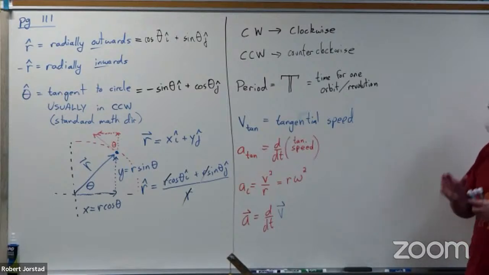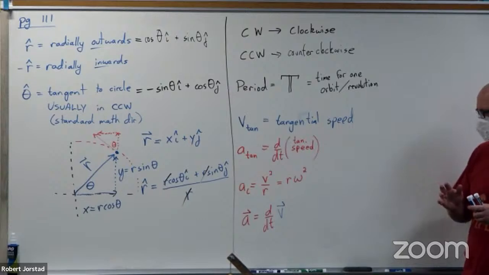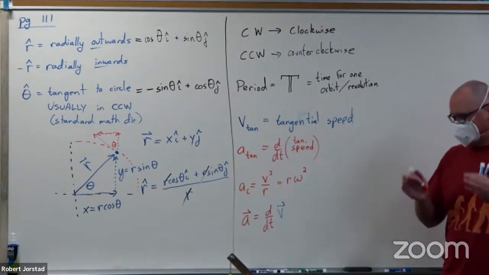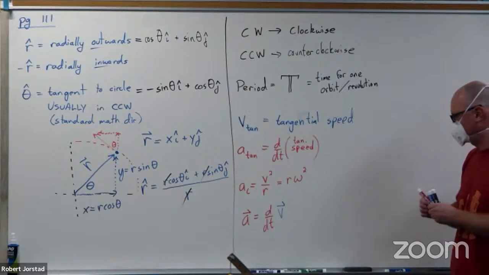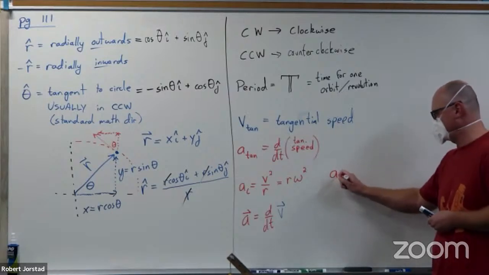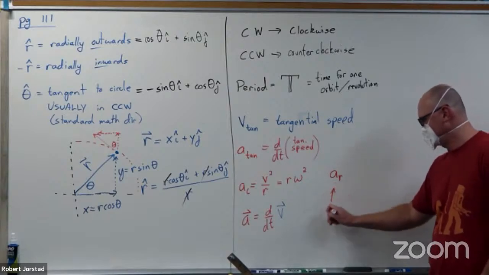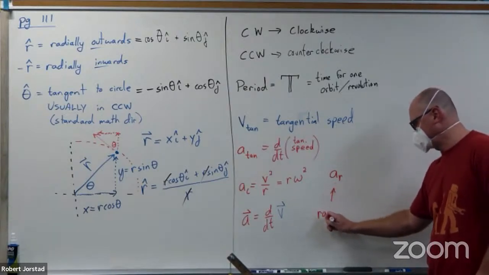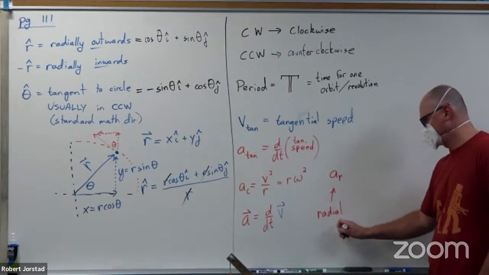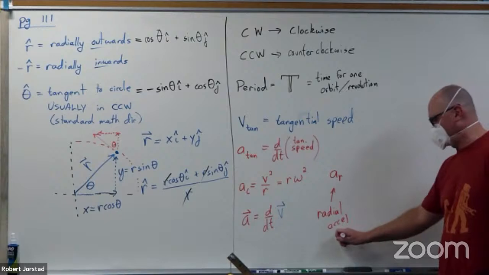So, okay. There's another thing that a lot of textbooks use. They will use the symbol A subscript R. This would be radial acceleration outwards.